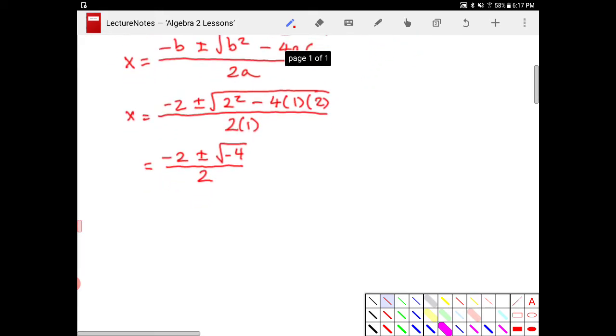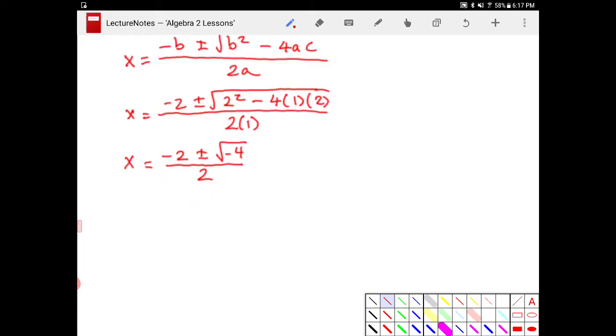If you look at this right now, we have a situation that we have not encountered this year, and that is we have a square root of a negative number. What this is saying is that there's no such number that, when you square it, gives negative 4.